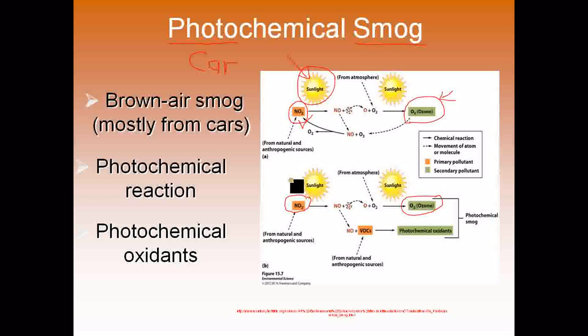And here it is. You've got to learn this. This is every bit as important a chain of events as eutrophication is for your exams. So you're going to have to remember it. Here's how it goes. The NO2 is released into the air primarily by cars.